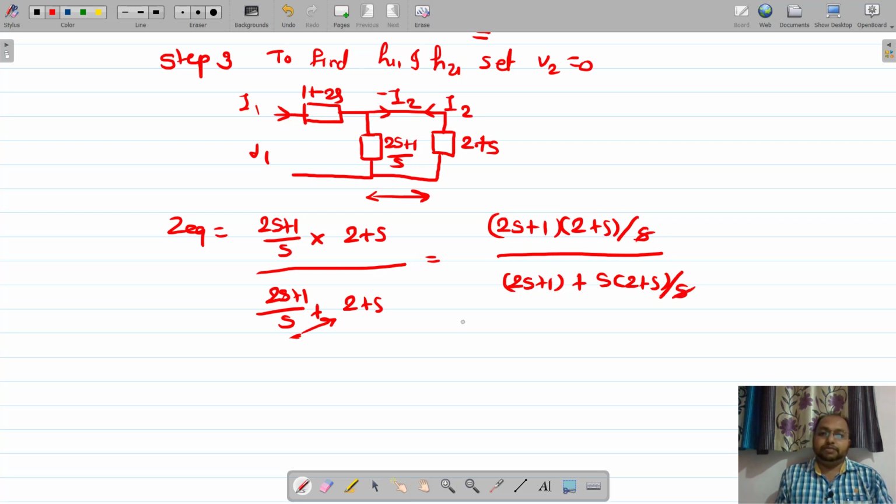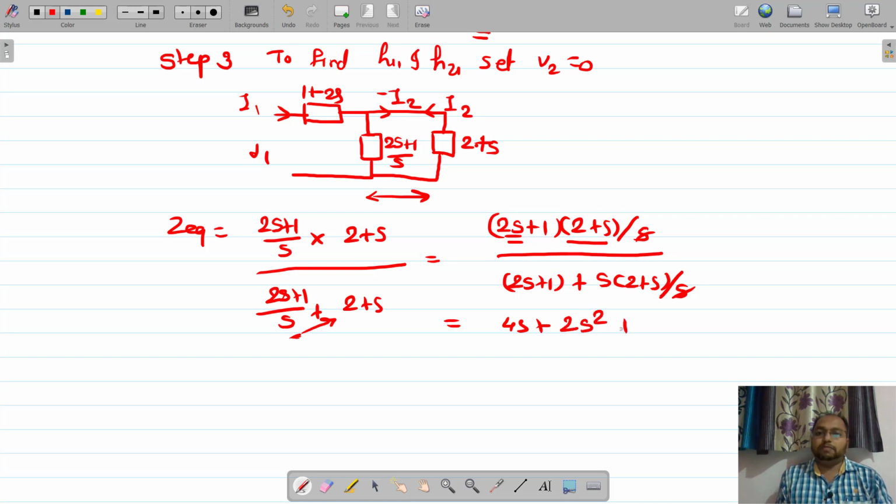Let us expand these brackets. Multiply 2S inside the bracket: 4S plus 2S into S, it becomes 2S square.